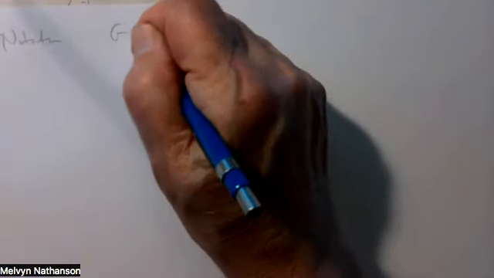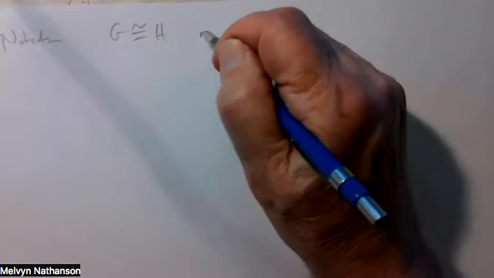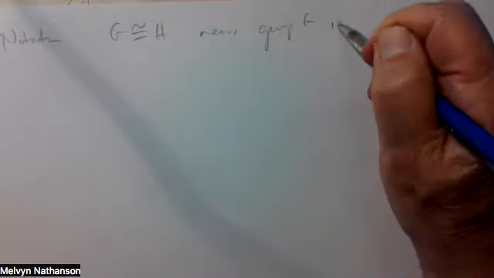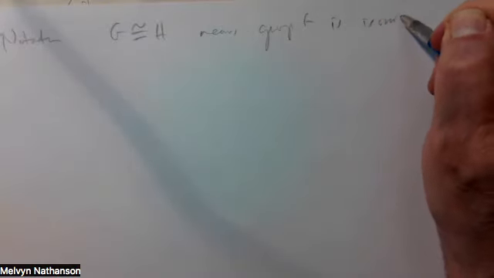In terms of notation, G with this symbol means group G is isomorphic to group H. Right, so that is this very important notation.